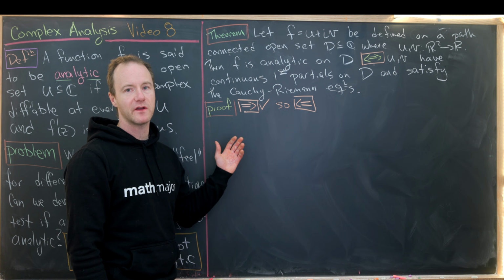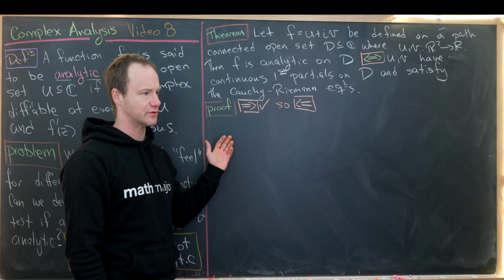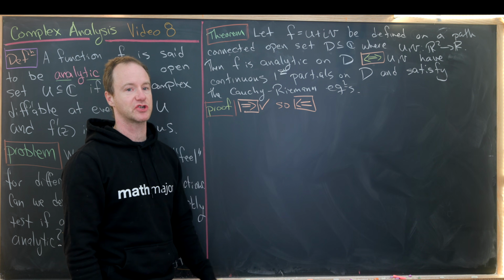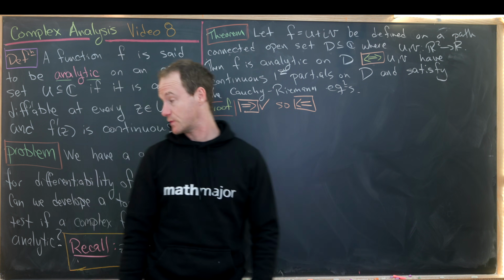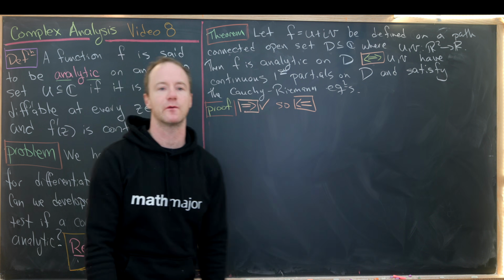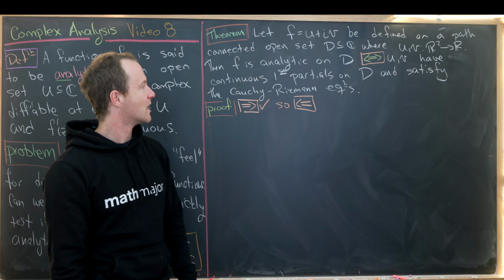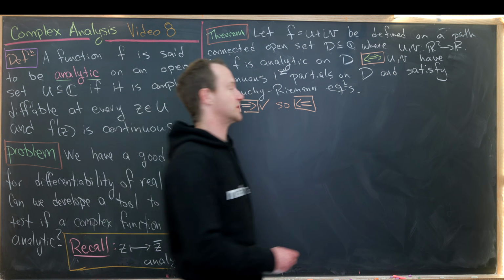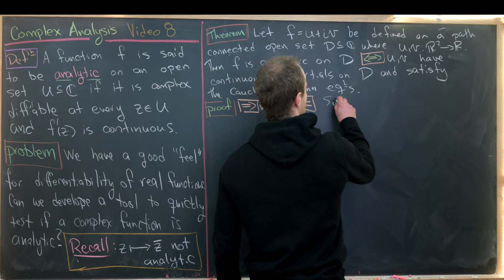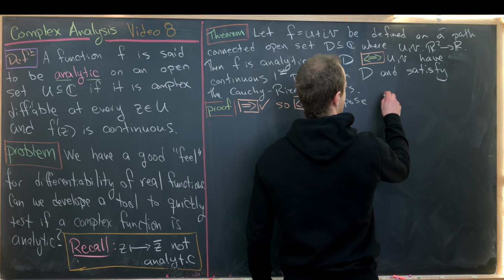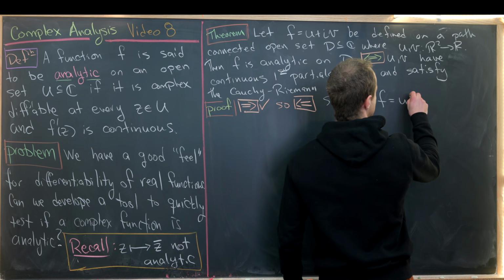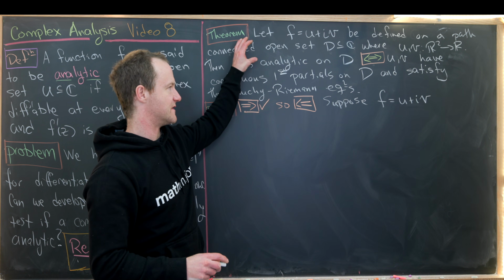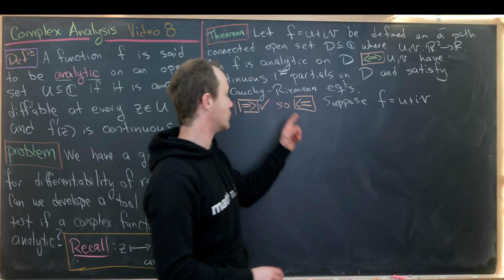I'd like to point out that this turns our complex derivative equation into a multivariable calculus question. That's nice because we probably have some intuition for real valued functions. Okay, great. So let's do this reverse direction. Let's suppose that we have f equal to u plus iv, where u and v satisfy the Cauchy-Riemann equation.